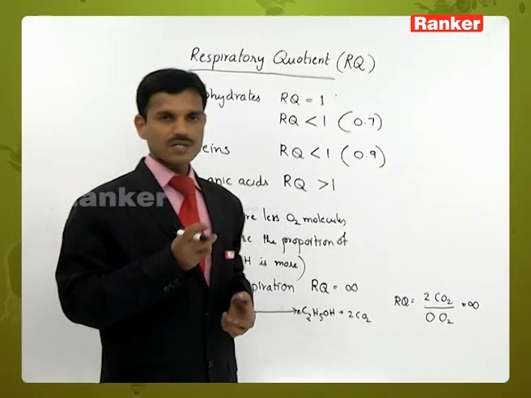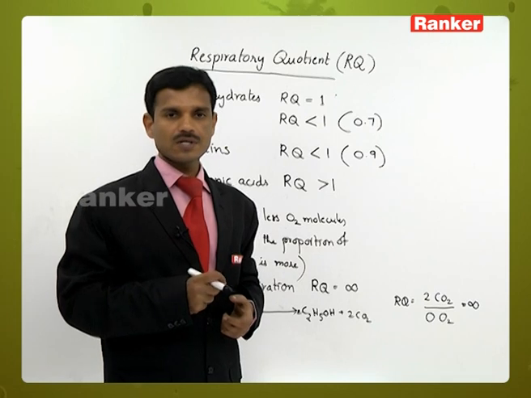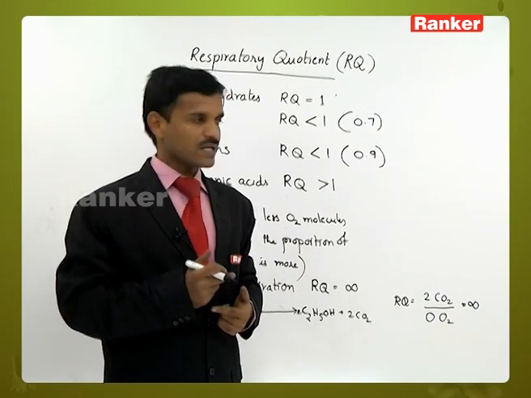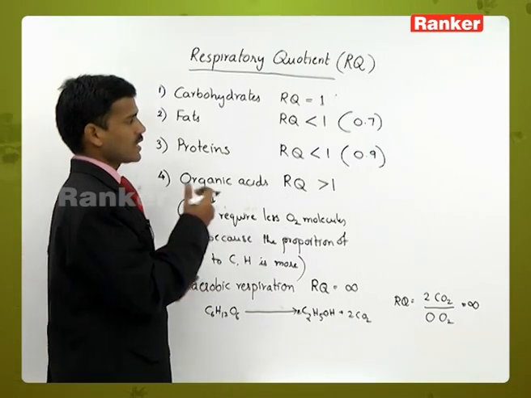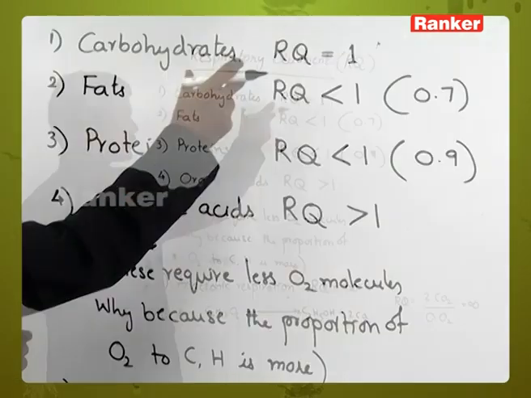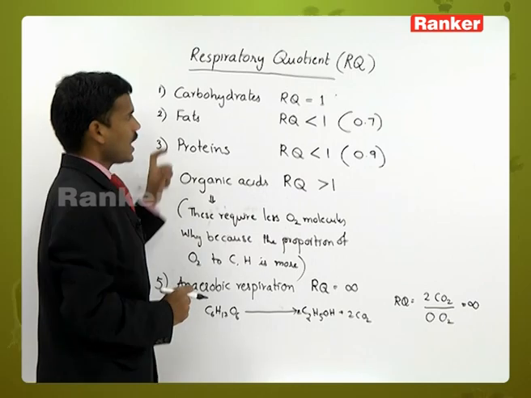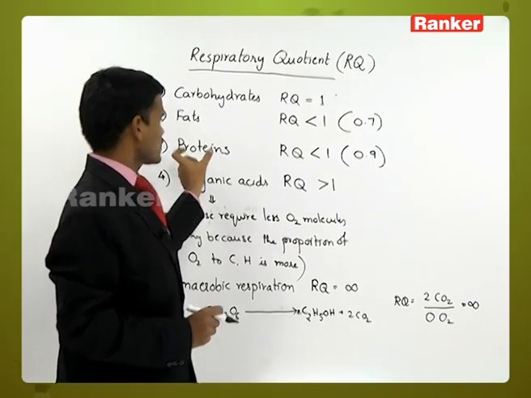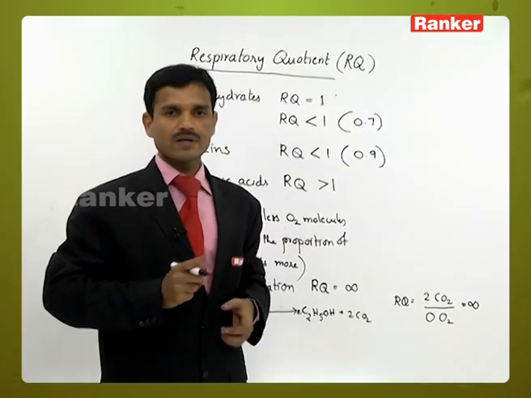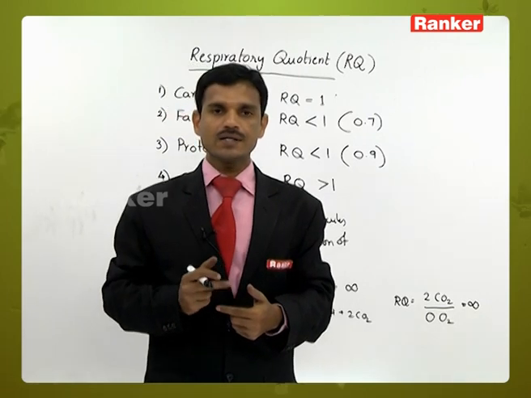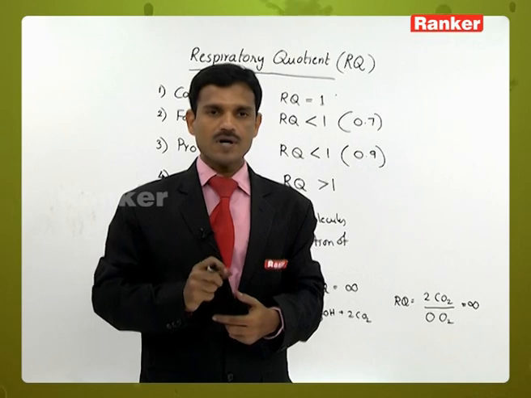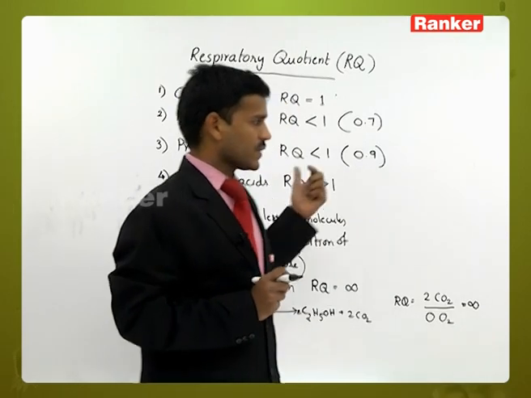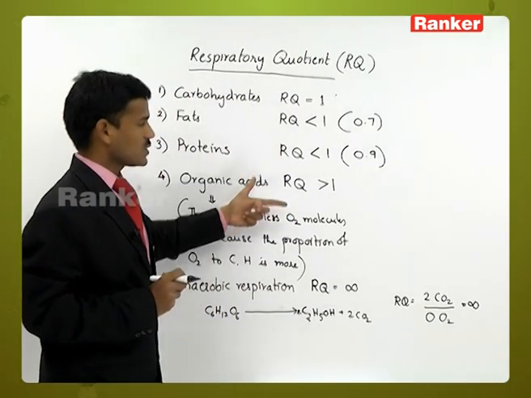We see how much oxygen is consumed and how much carbon dioxide is released. Carbohydrates, fats, proteins and organic acids have different structures, and the proportion of oxygen to carbon is different. That's why the RQ values are also different.